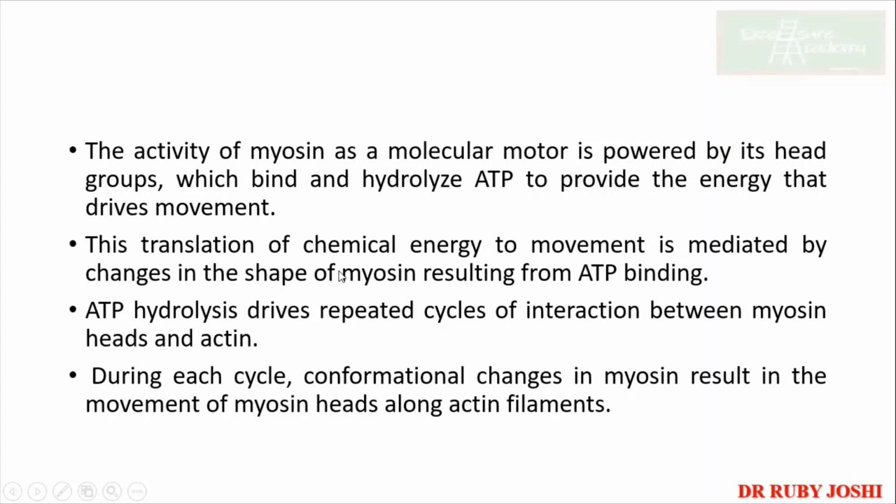The chemical energy from ATP hydrolysis helps in changing the shape. We know that whenever ATP hydrolysis is happening, there is always a conformational change, or some structural change of the protein. So during each cycle, a conformational change in myosin results in the movement of the myosin head along the actin filaments, which results in the shortening of the actin filaments.